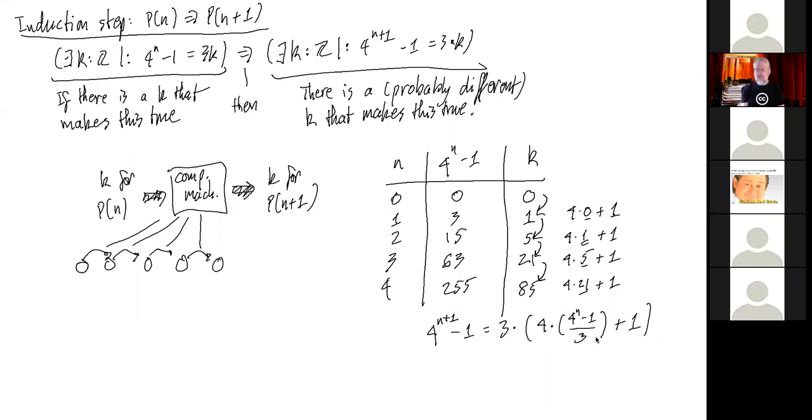And then that would give us that there exists a k. But we're just going to stick to proving this thing here. I just want us to understand this idea that there is a way to go from the previous k to the next k. That if I give you the k that works for n, there's a way to compute the k for n plus 1.